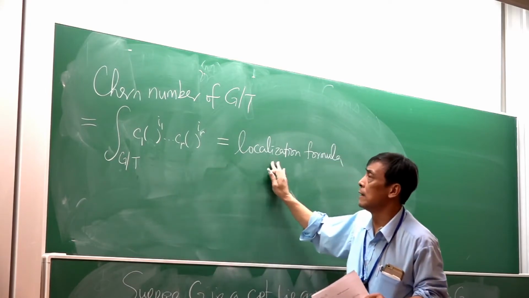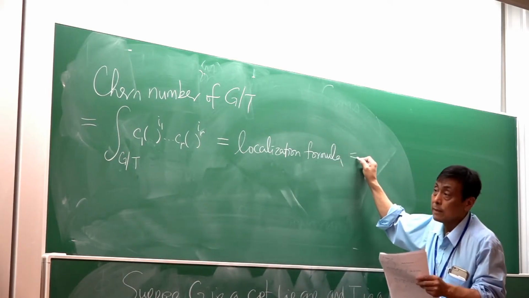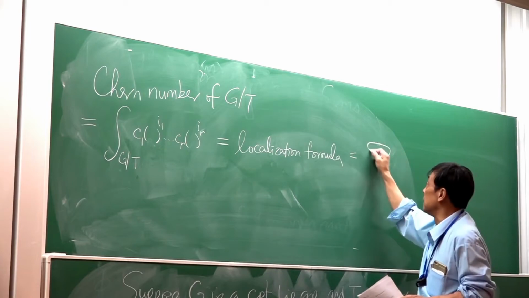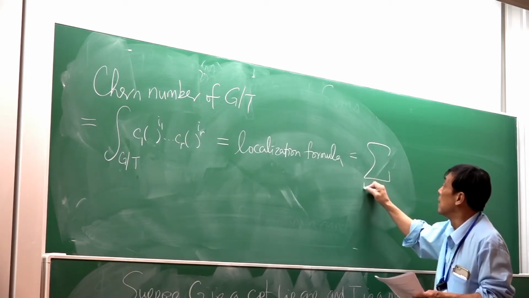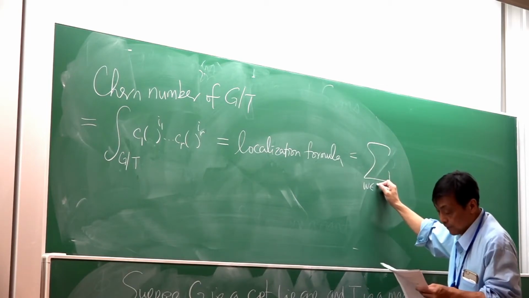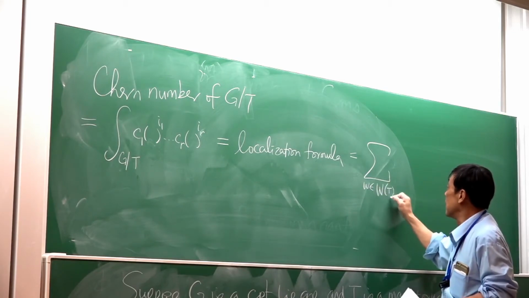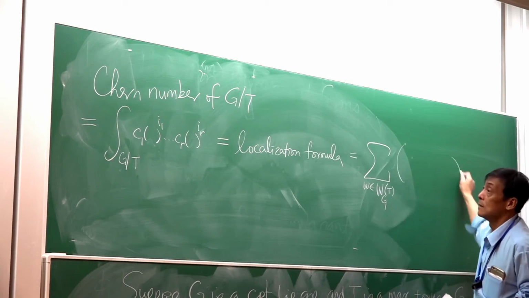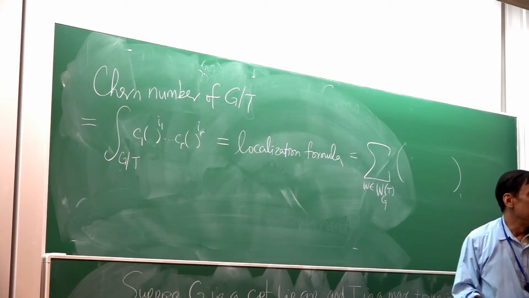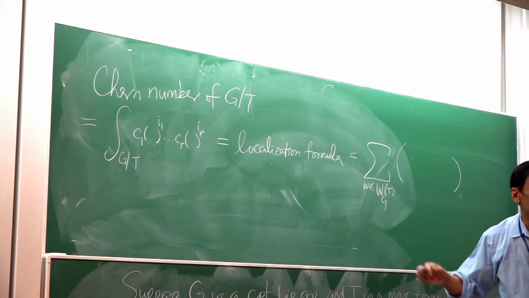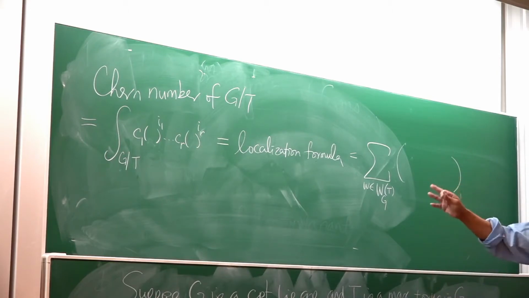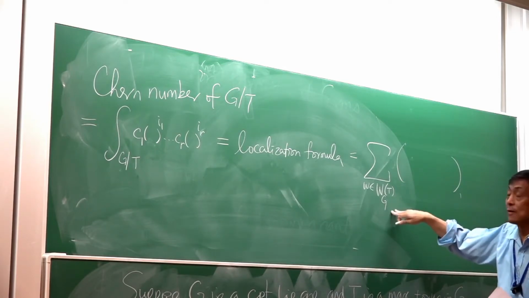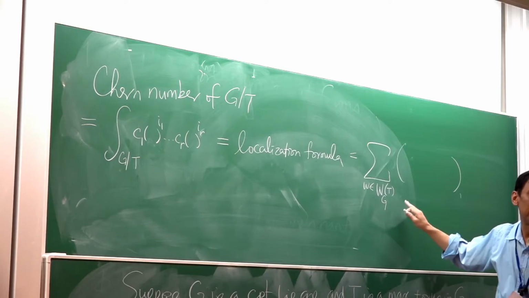So you can always apply the localization formula. And then, in this case, you'll get a sum over the fixed points, which are the elements of the Weyl group. And so you get a formula like that. Yeah, you see? So the localization formula will give you a formula for these topological invariants in terms of a sum over the Weyl group. Okay?